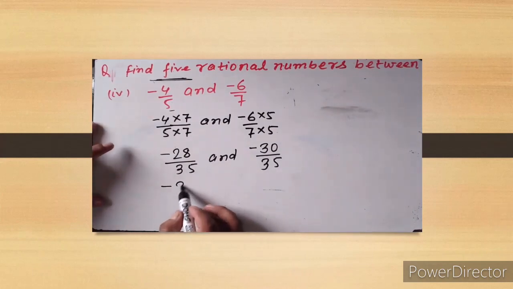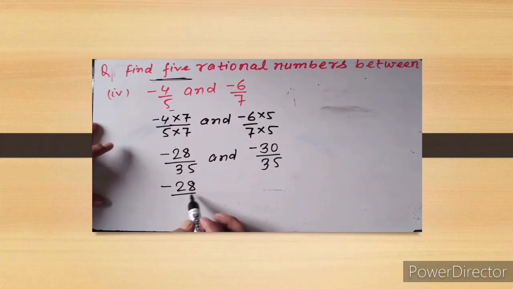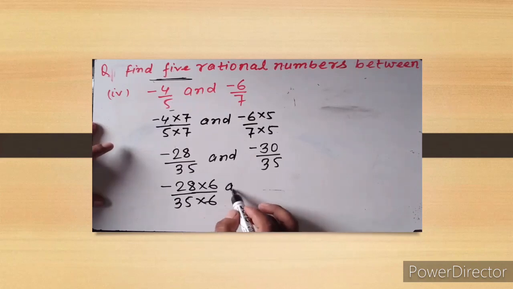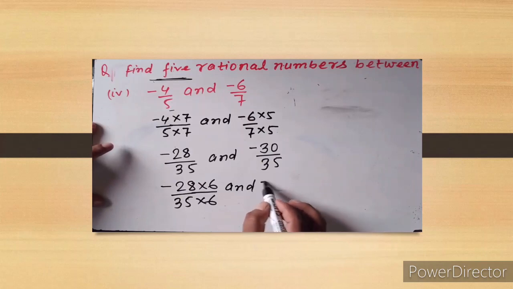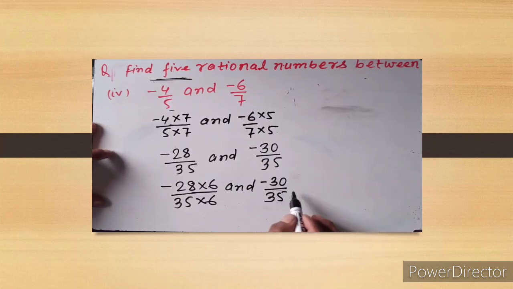We will take minus 28 by 35 and multiply it by 6, and minus 30 upon 35 we will also multiply by 6.